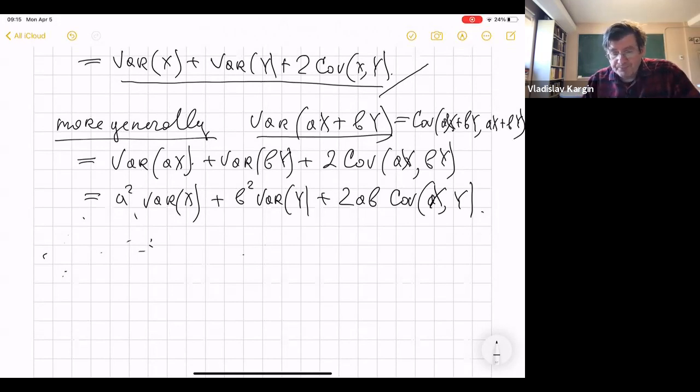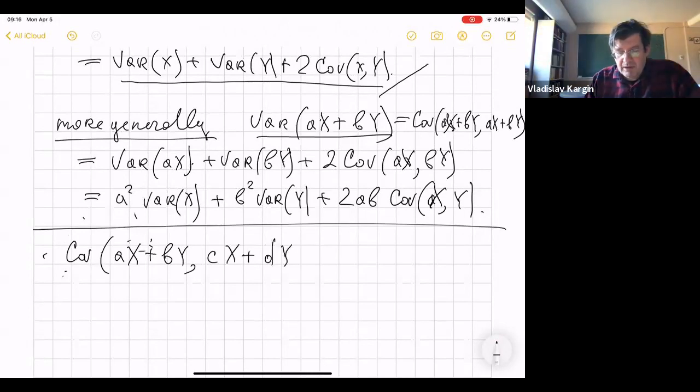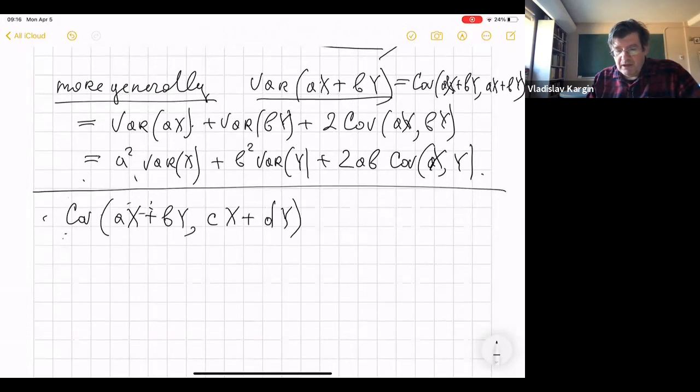But even more generally, it would be something like covariance of ax plus by with cx plus dy, right? So I want to calculate this, where a, b, c and d are some numbers. Now, what is it equal to? Again, it's like a product.